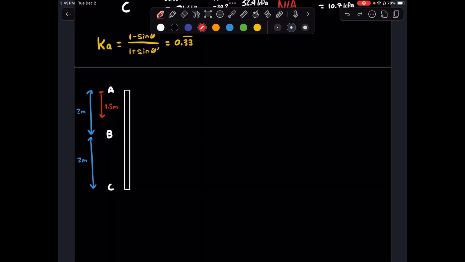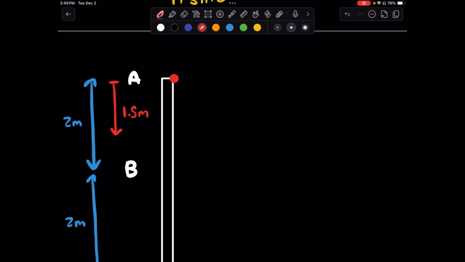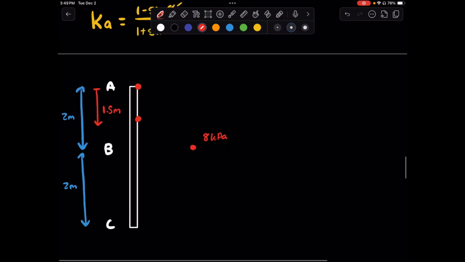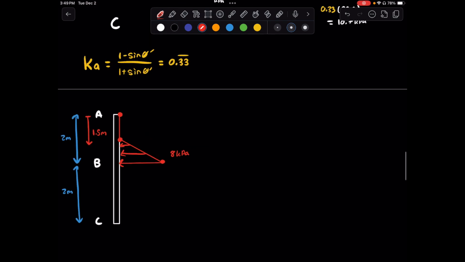So 0, 0 at the crack, and then a value of 8 kPa at B. And so then we just draw it like that. And that's it for TSA.